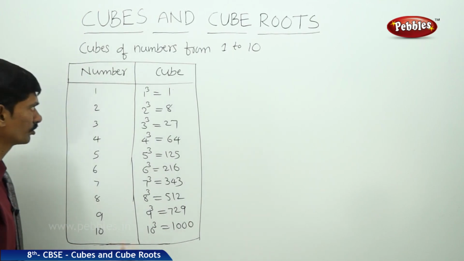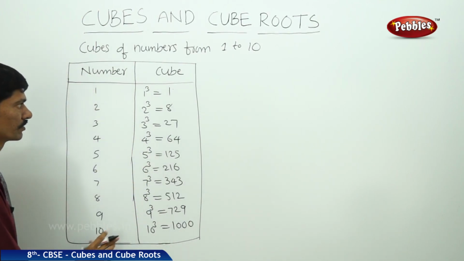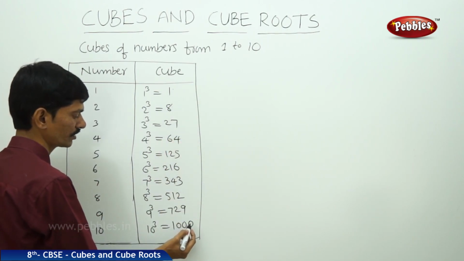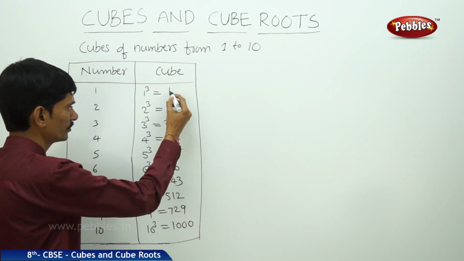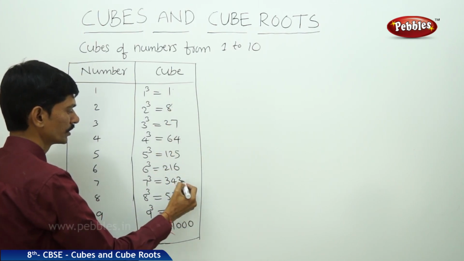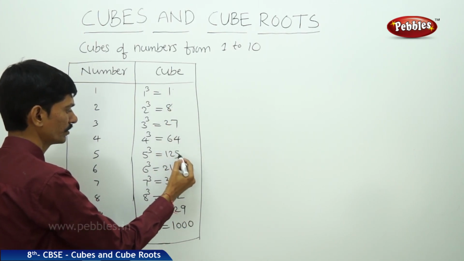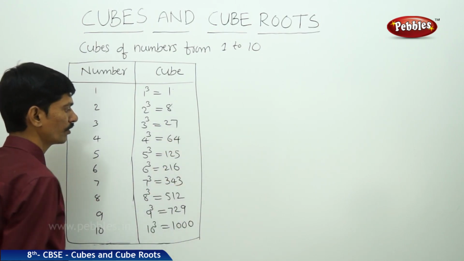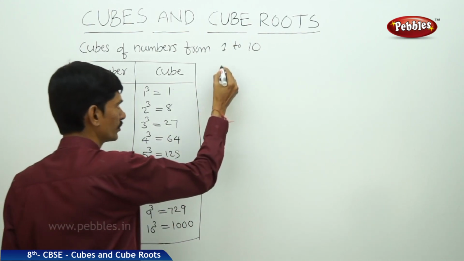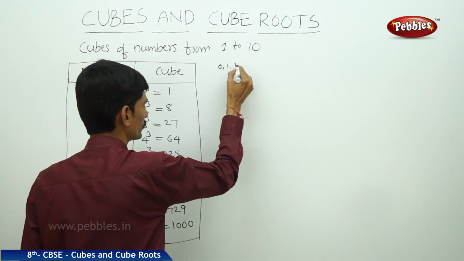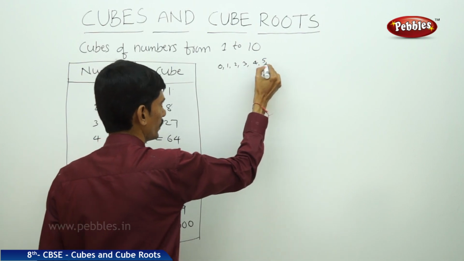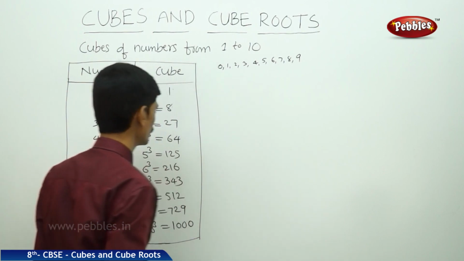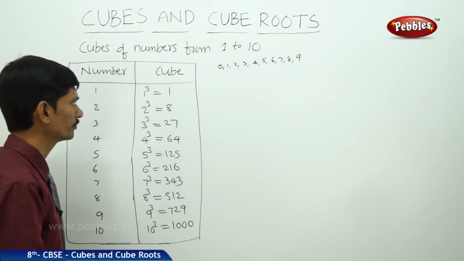Now if you consider the cubes of the first 10 natural numbers, then what are the units places? We can observe that the units places are 0, 1, 2, 3, 4, 5, 6, 7, 8, 9. So all the digits from 0 to 9 are present in the units place of the cube of a number.